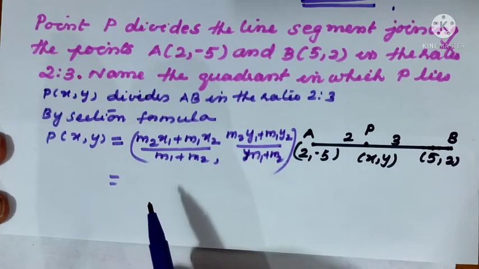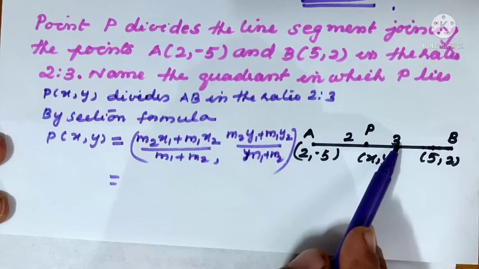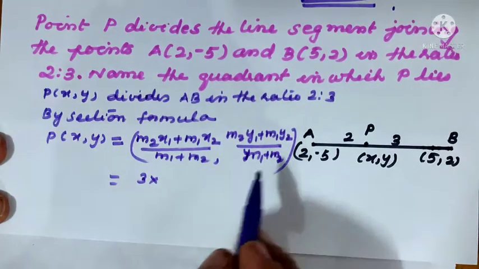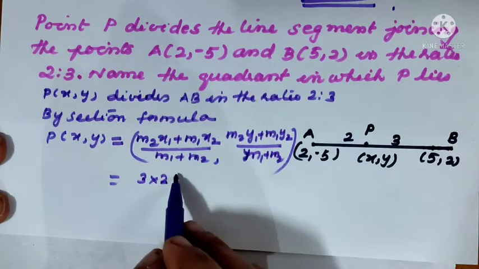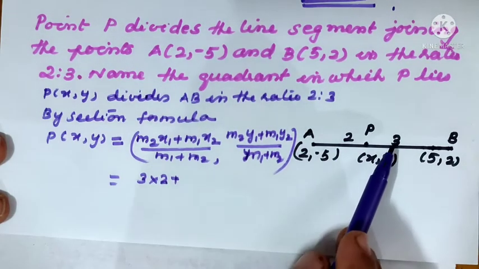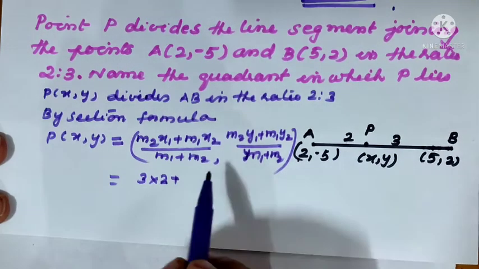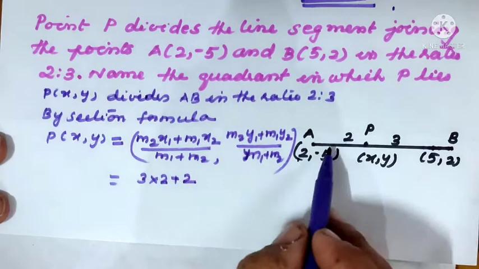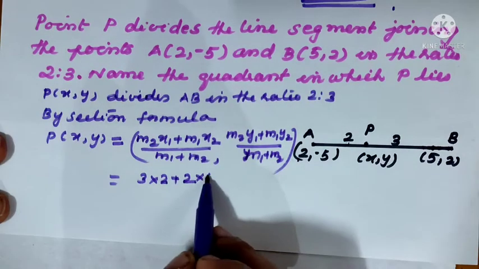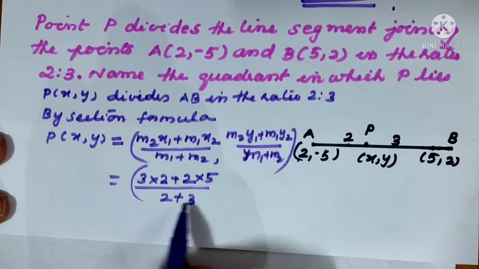Now without the formula also we can write the answer. How can we write it? The second ratio we are starting with, that is 3 into the coordinate of x. Don't confuse: 3 into the x value, that is 2, plus 2, that is the first ratio, into the coordinate 5, 2 into 5, divided by 2 plus 3.